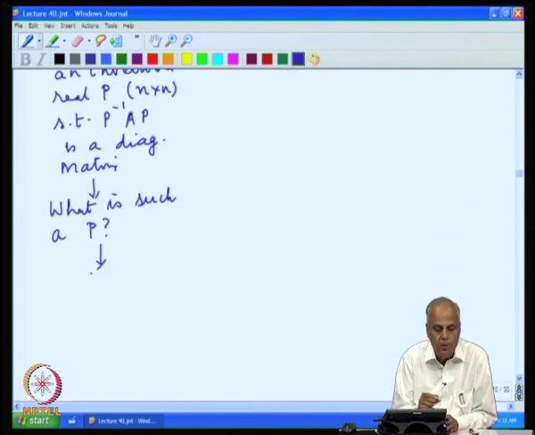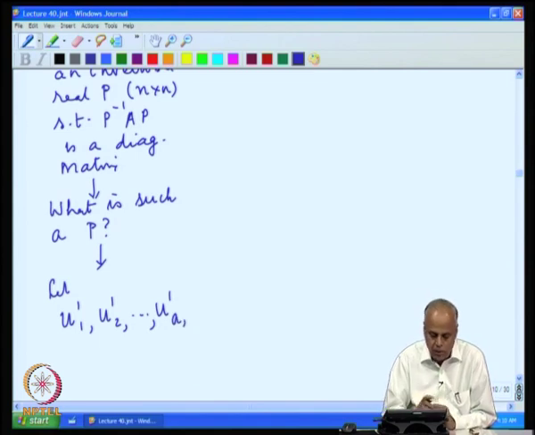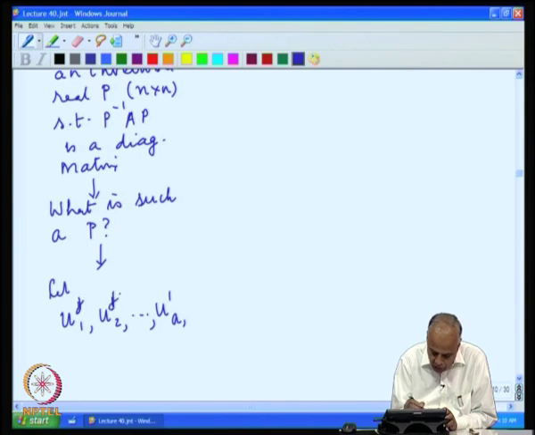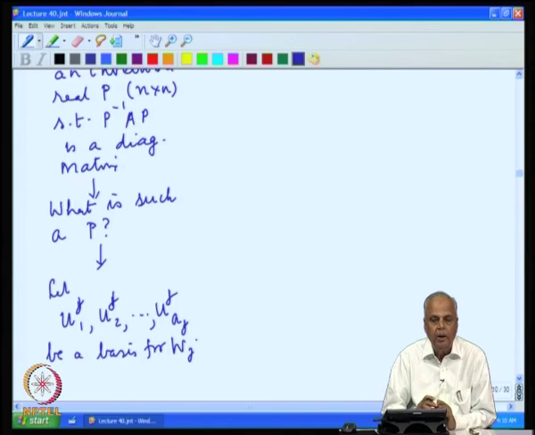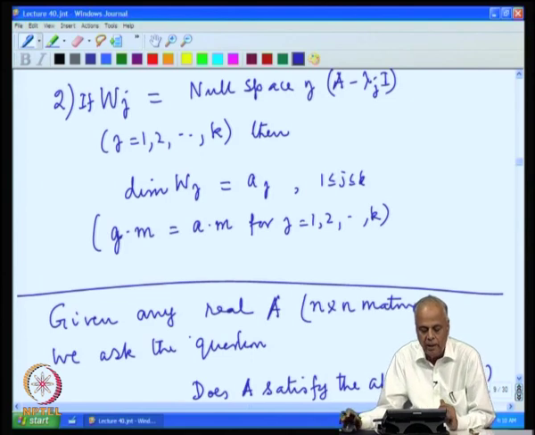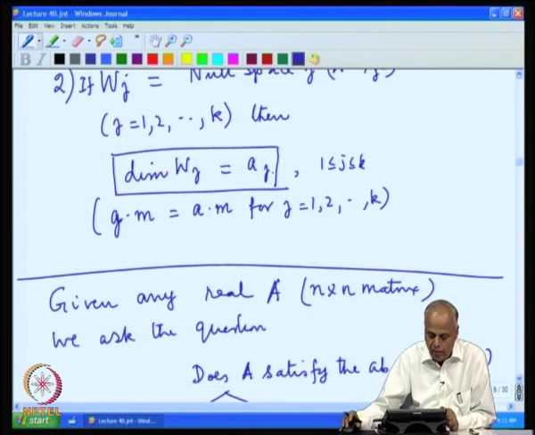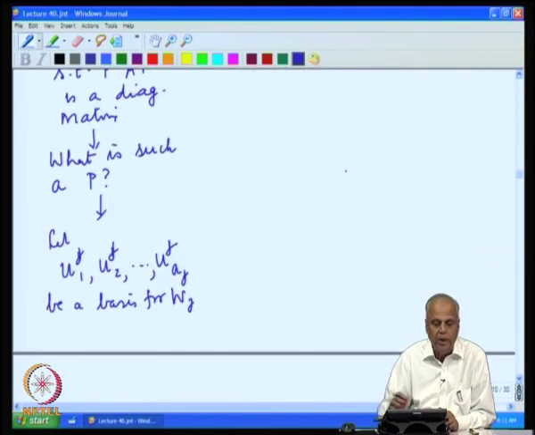And the answer was as follows: let u11, u12, etc., u1a1 be a basis for W1. So, in general, let uj1, uj2, ..., ujaj be a basis for Wj. By condition 2, the dimension of Wj is aj, and therefore a basis for Wj will have aj vectors.